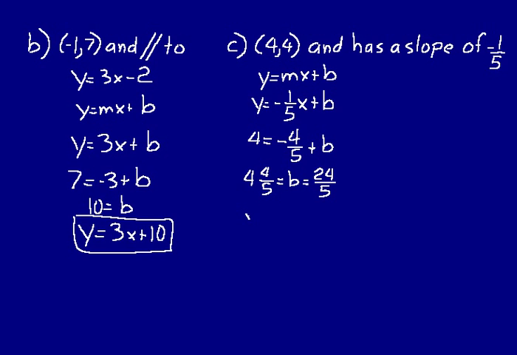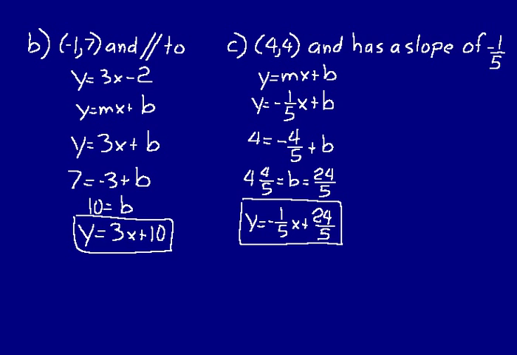And then in our equation, we'll have y equals negative 1/5 times x plus 24 over 5. And there's our equation for the line. We were given the slope, we needed to find what b was, and then once we get both of those, we substitute them into the standard form and get our equation for the line.